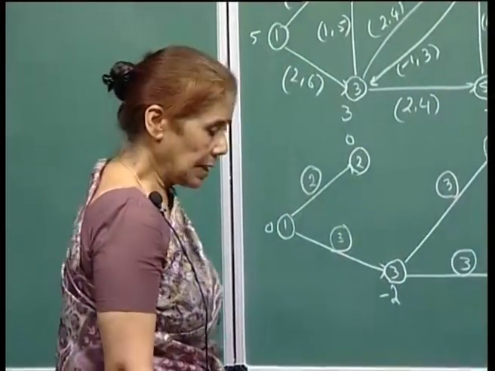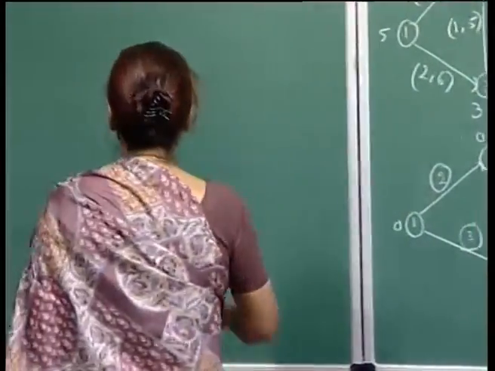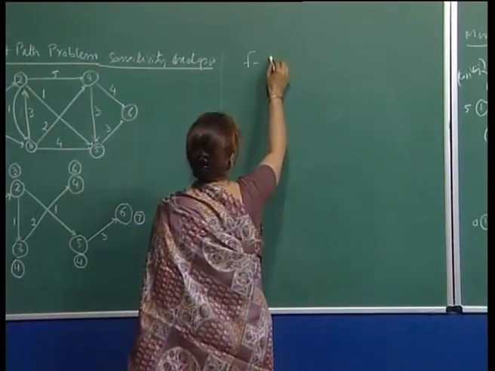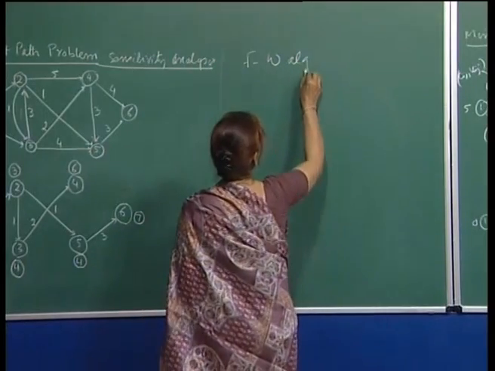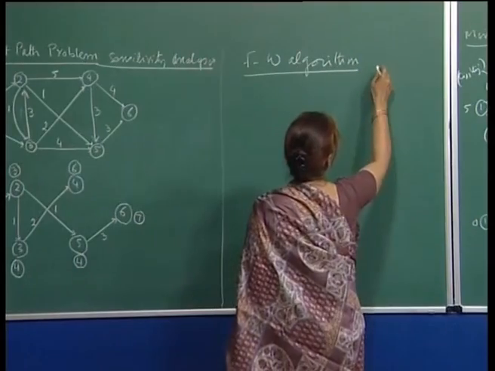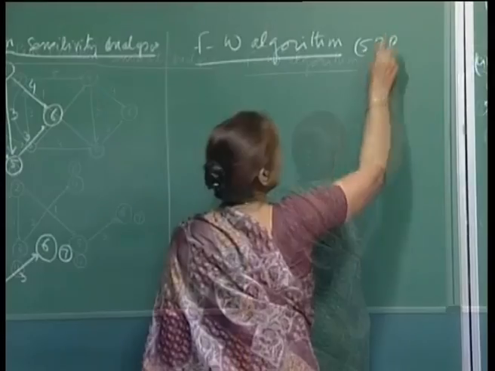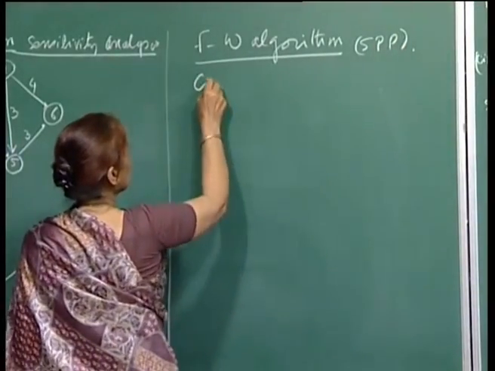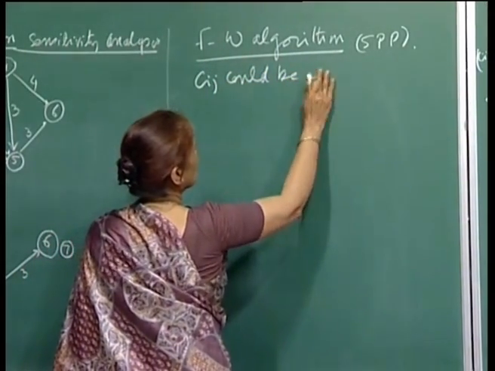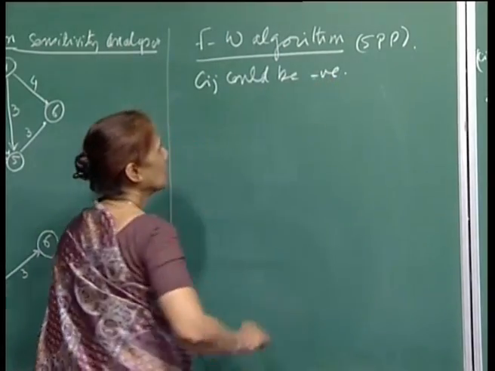And I had shown you that for the Floyd-Warshall algorithm, this is the shortest path problem, right? And we said that Cij's could be negative also. Okay, could be negative.